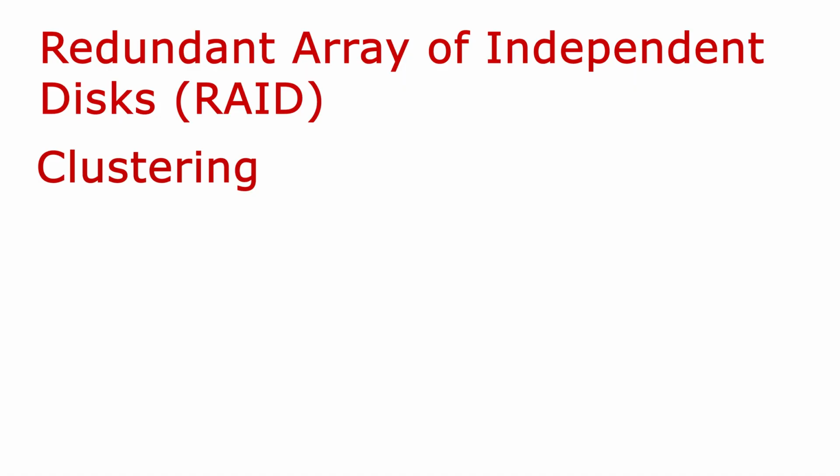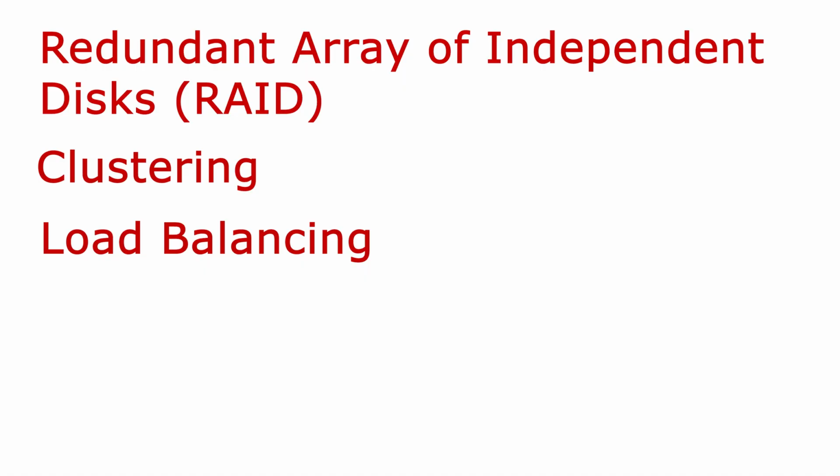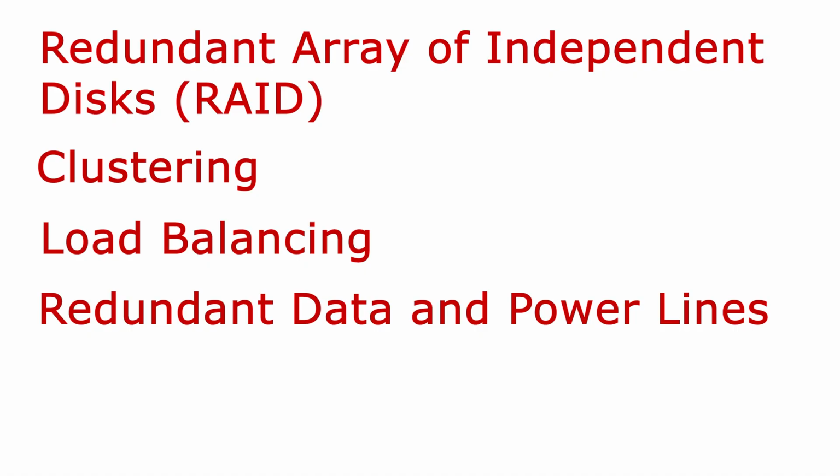Another security control that helps you keep your data available is clustering. Clustering of servers, clustering of switches, firewalls, and so forth. A third control is load balancing. A fourth control is redundant data and power lines.